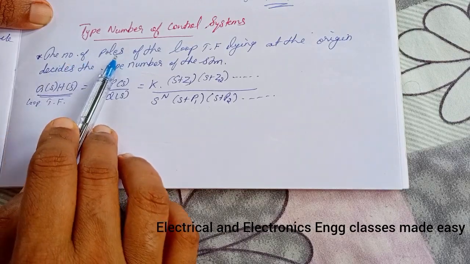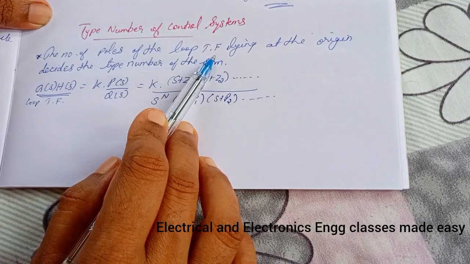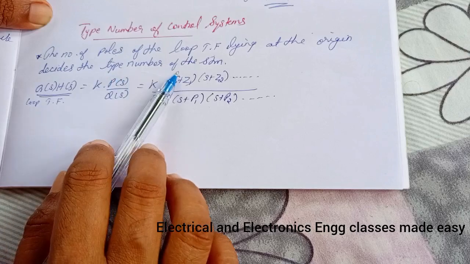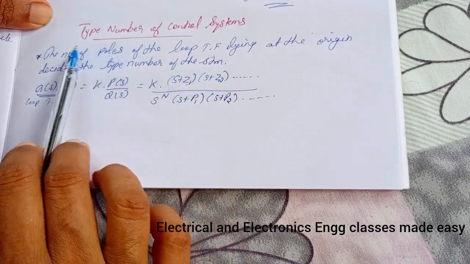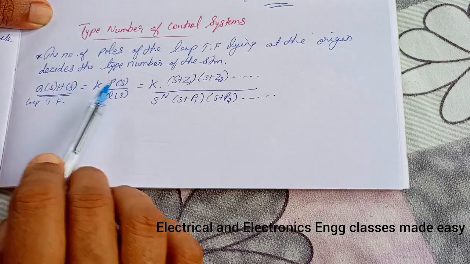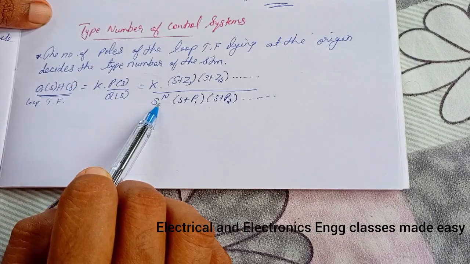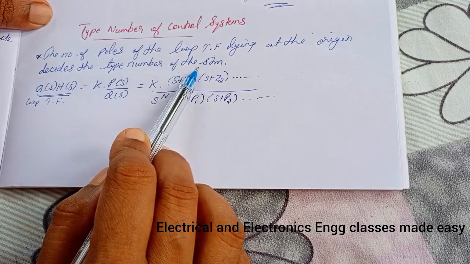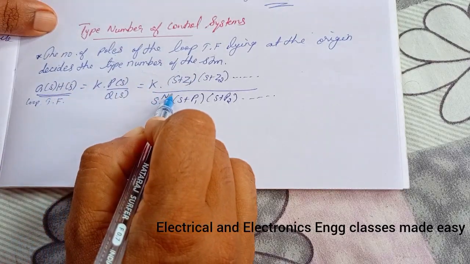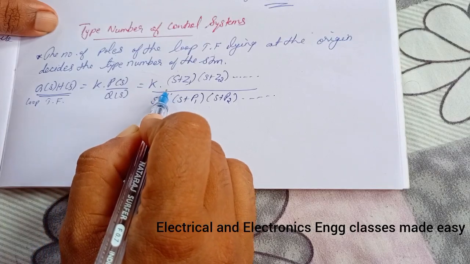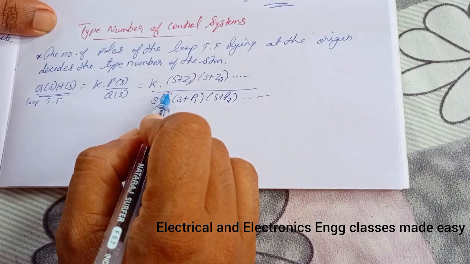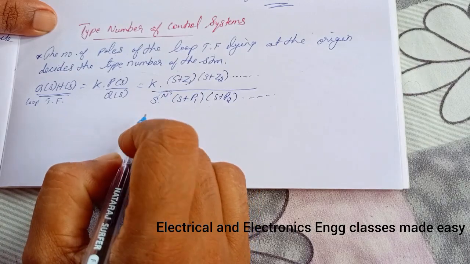The number of poles of the loop transfer function lying at the origin decides the type number of the system. In general, if n is the number of poles at the origin, then the type number is n.